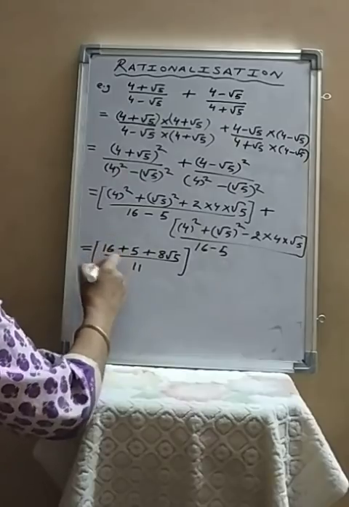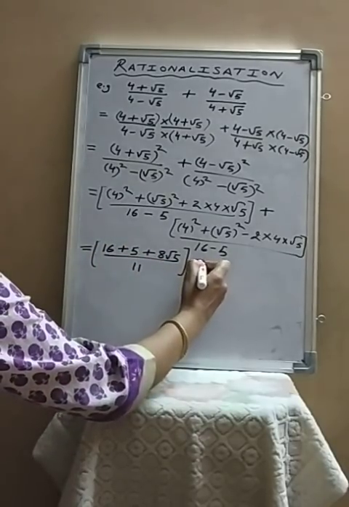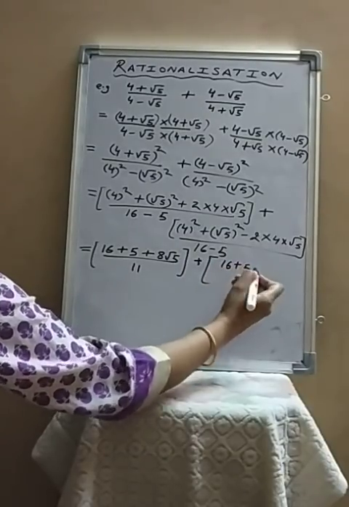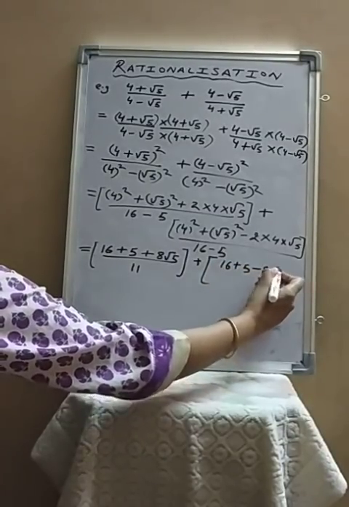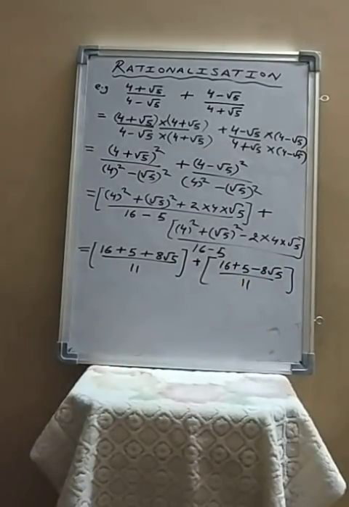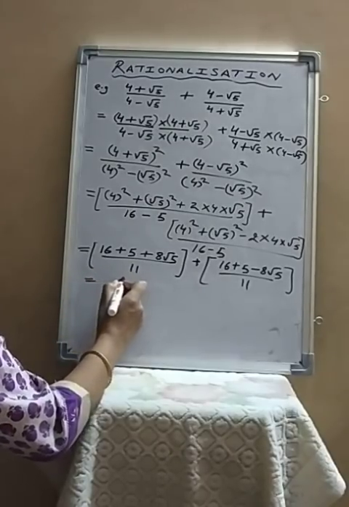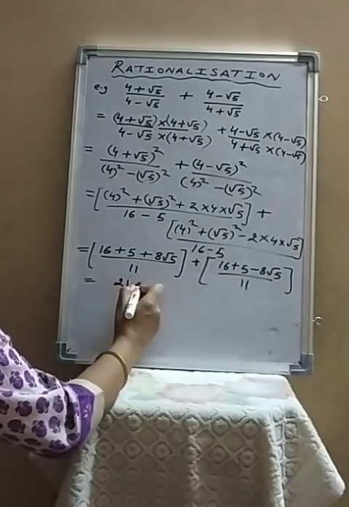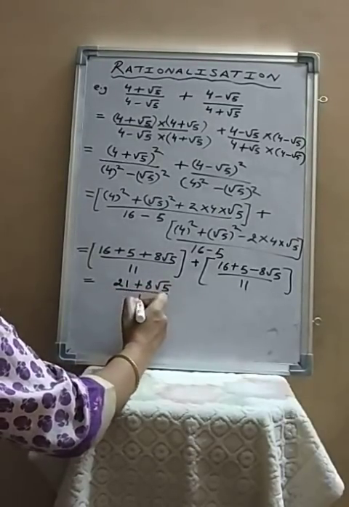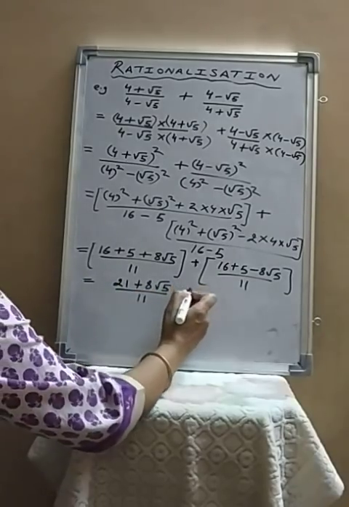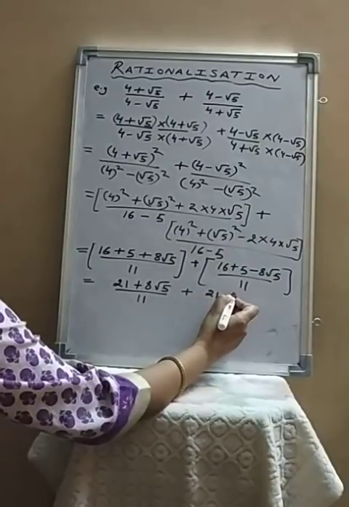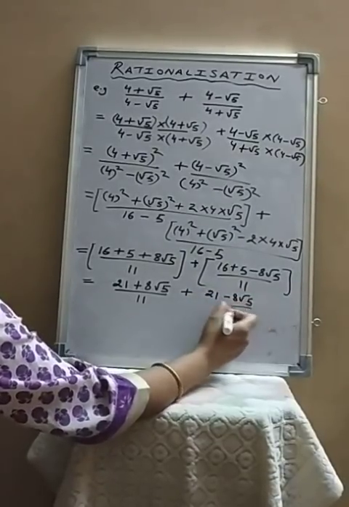And the second term is plus 16 plus 5 minus 8 root 5 divided by 11. 16 plus 5 is 21 plus 8 root 5 upon 11. Similarly, this is 21 minus 8 root 5 upon 11.